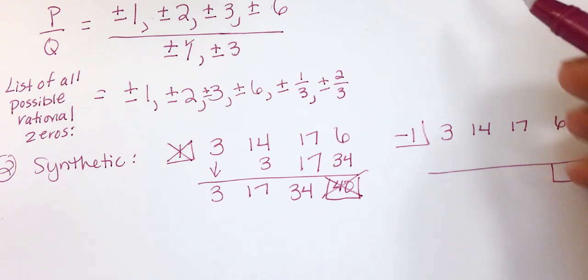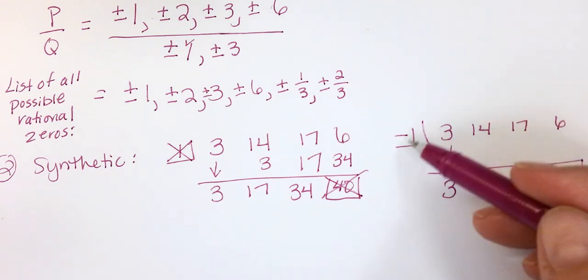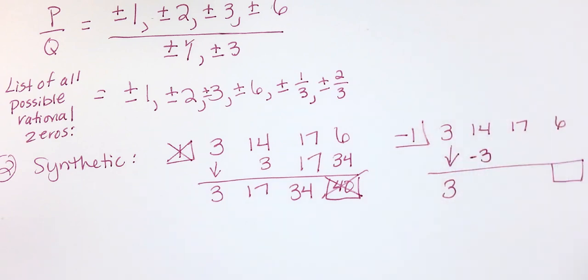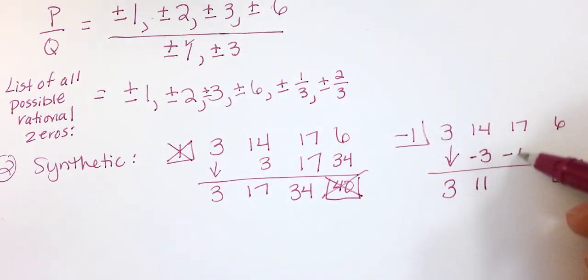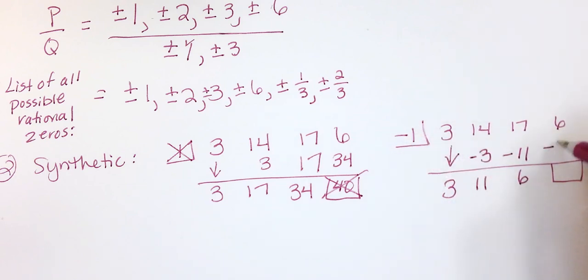Let's do synthetic division. Dropping this down, I get 3. Negative 1 times 3 is negative 3. Here I get 11. Negative 1 times 11 is negative 11. 17 minus 11 is 6. Negative 1 times 6 is negative 6.